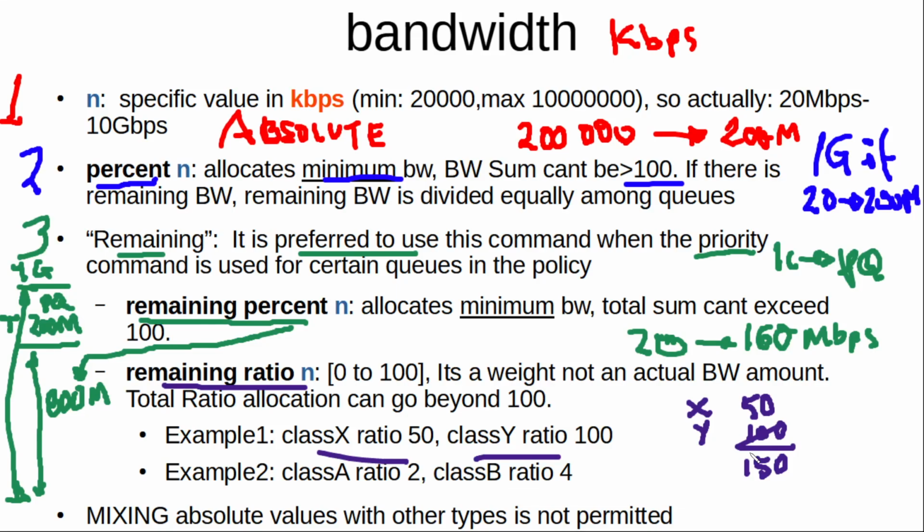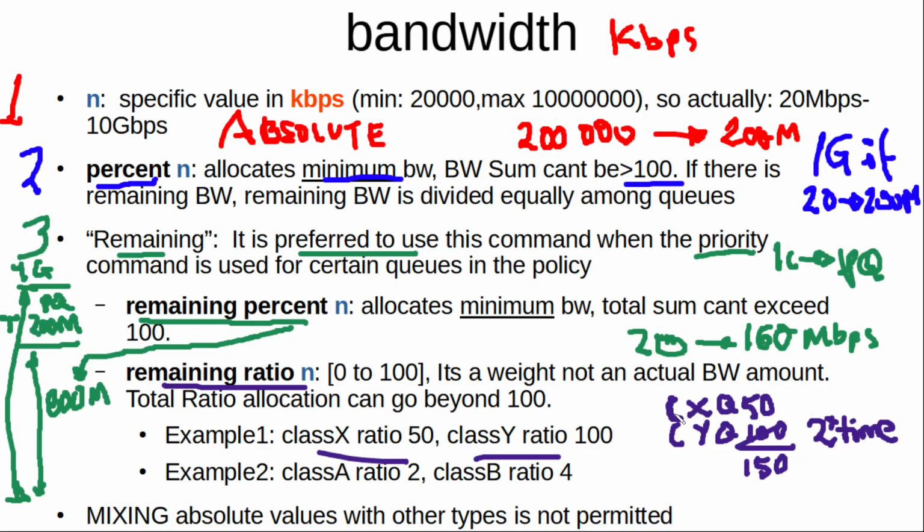And what these ratios are saying is that class Y is going to be assigned twice the time as the time that gets assigned to class X.